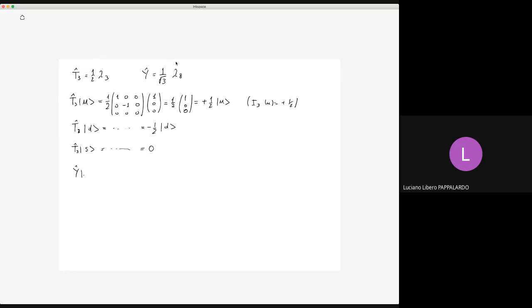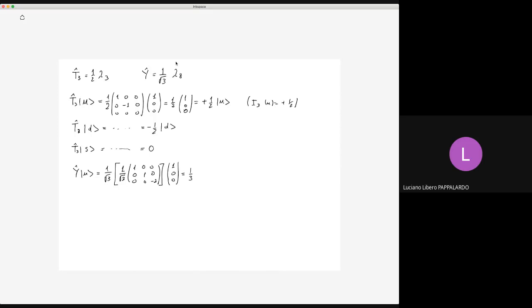So the hypercharge operator acting on U is 1/√3 times the 8th Gell-Mann matrix, which also includes the 1/√3 factor: 1, 0, 0, 0, 1, 0, 0, 0, -2, acting on the up quark.